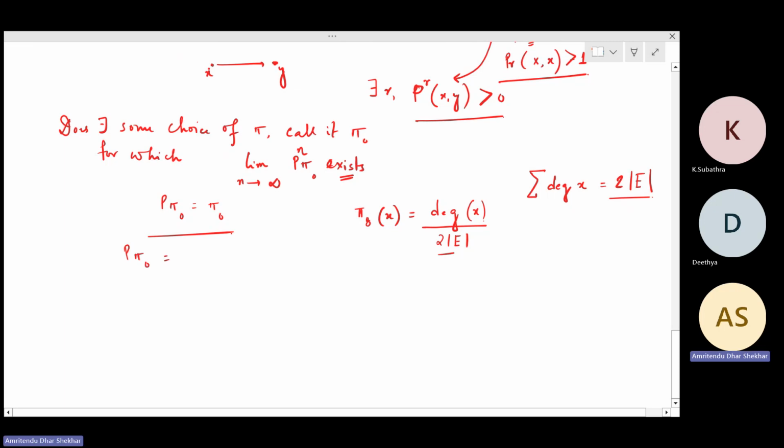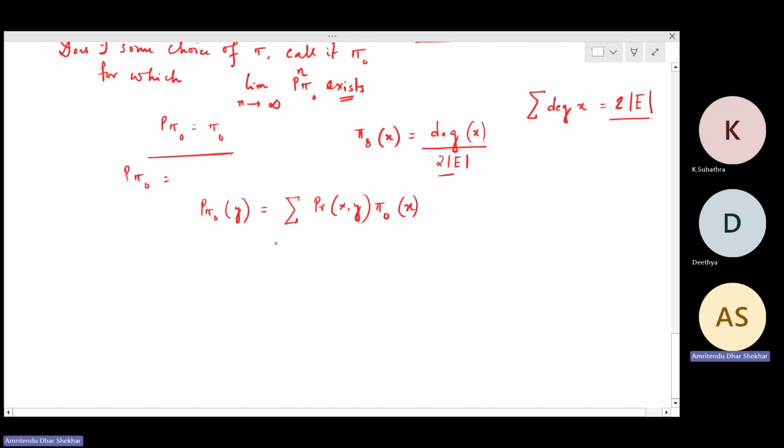So for any vertex y, P pi 0 of y is equal to the sum over x of probability of x to y times pi 0 of x. Correct.